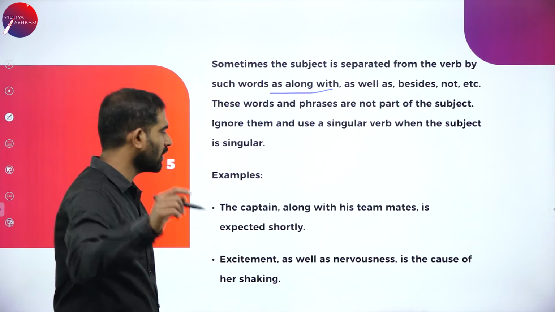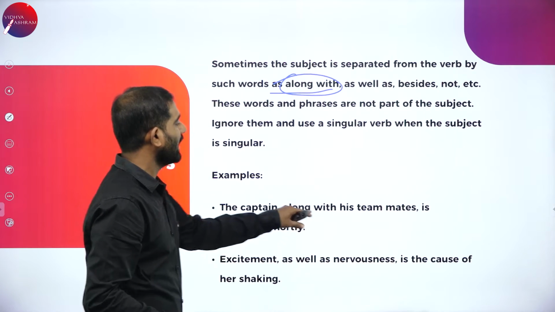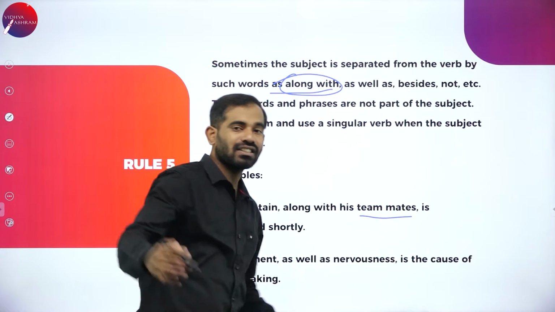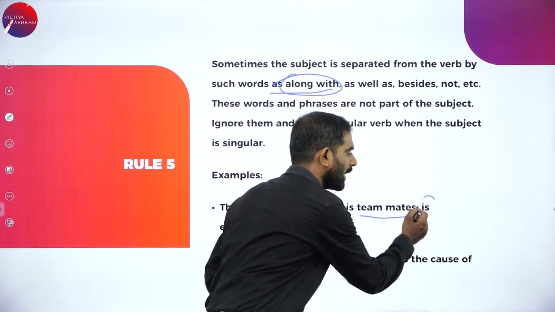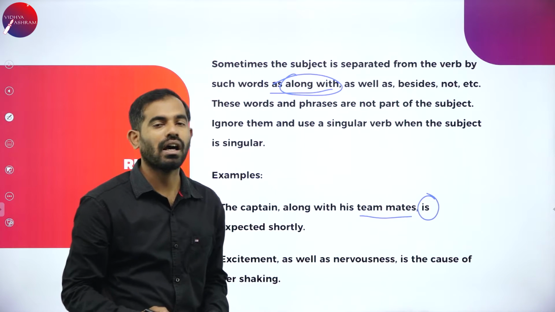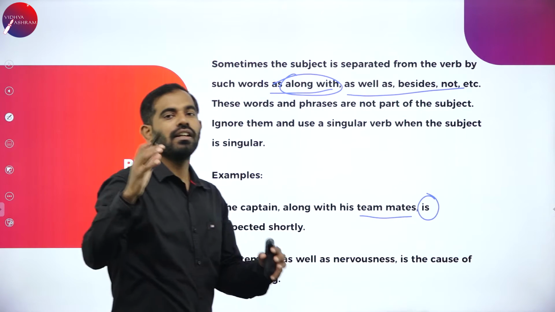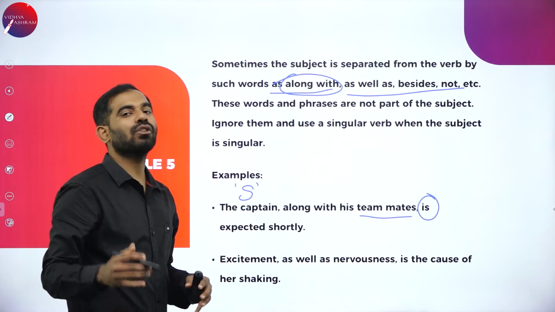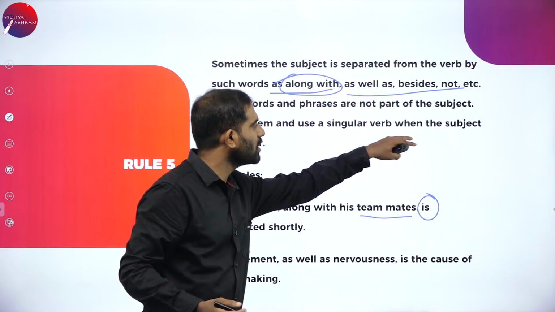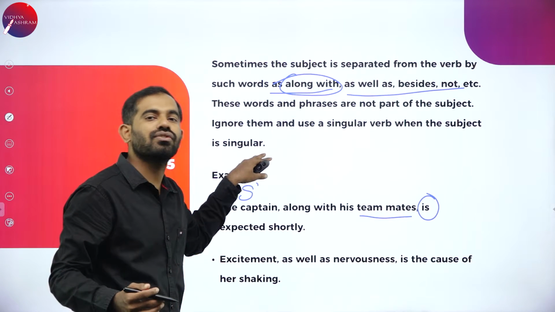The captain, along with his teammates. Teammates is plural form, so if that were the case, we should have used are. But these words do not make the subject plural. Ignore them and use the singular verb when the subject is singular.